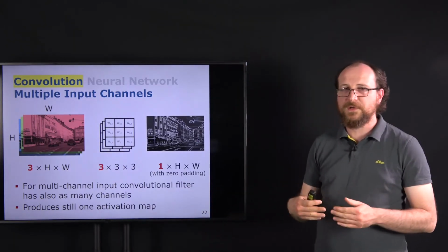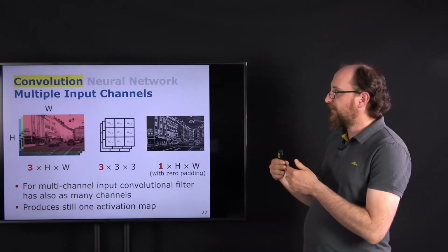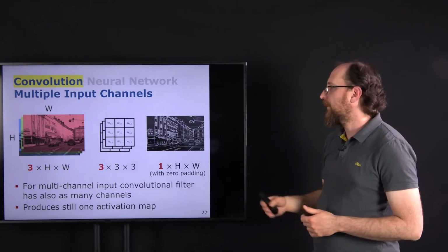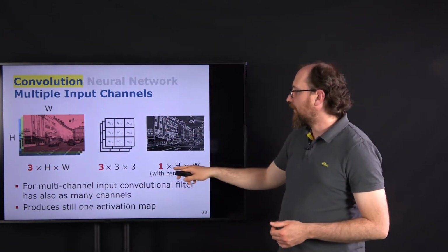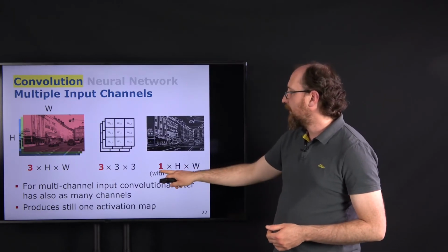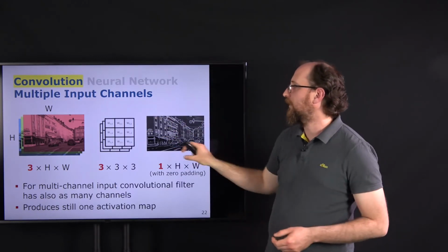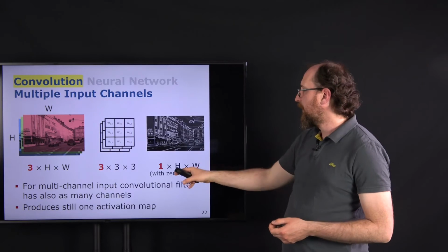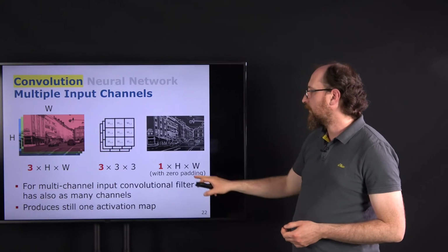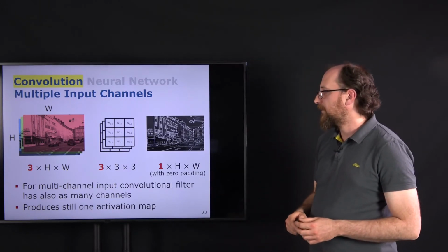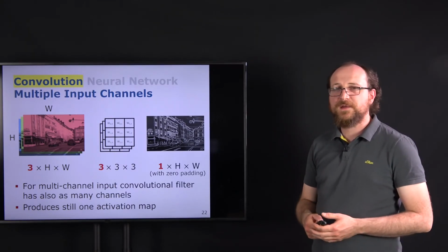So the convolution is really shifted over the multidimensional image, but always has the depth of the input data that came before, in this case 3. But important to note, this gives us only one activation value for this convolution when we shift it over the image. And in this case, to retain the size of the feature map that we get out, we have the zero padding.